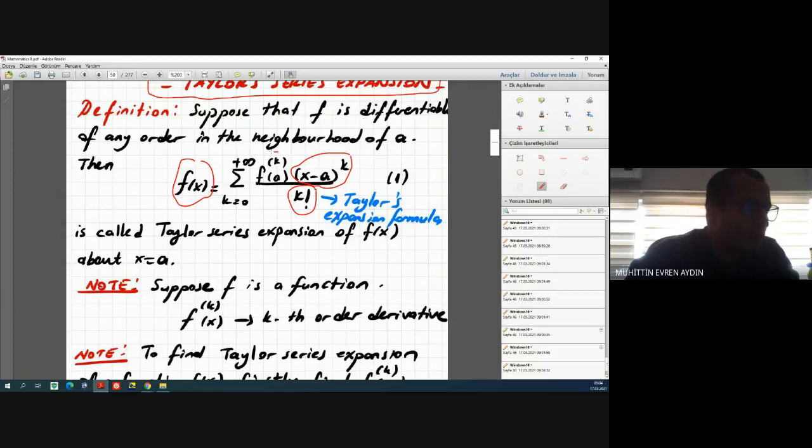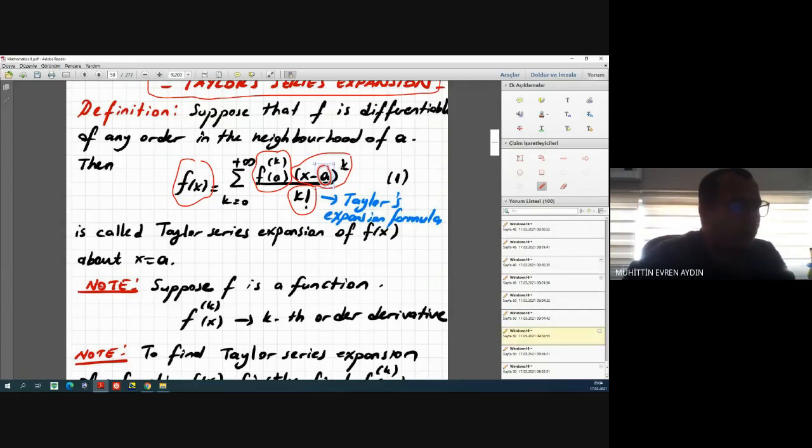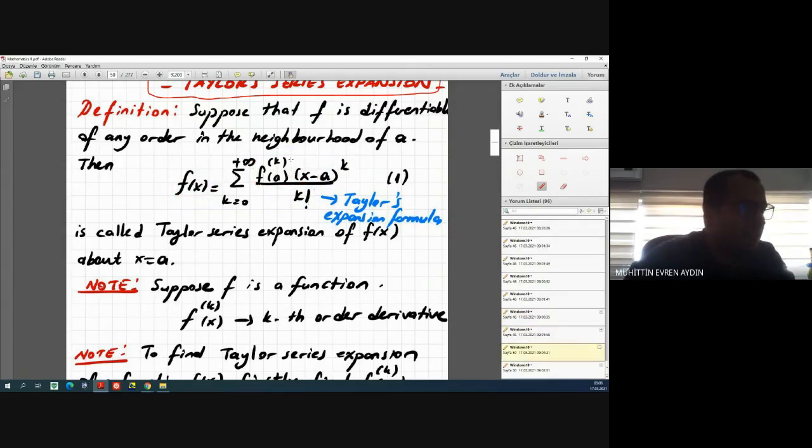Only this part is dependent on the given function. By the way, the a will be given in problems. So the only part where we have to find these derivatives.